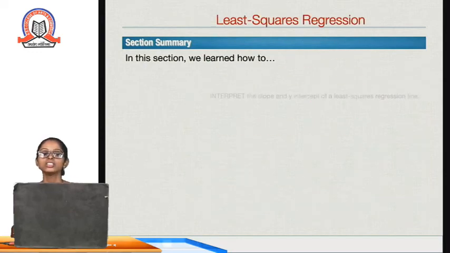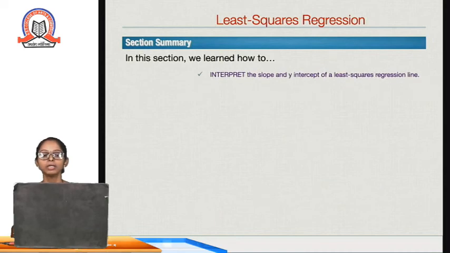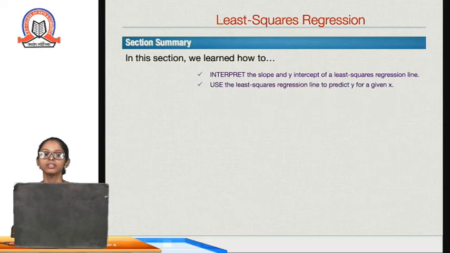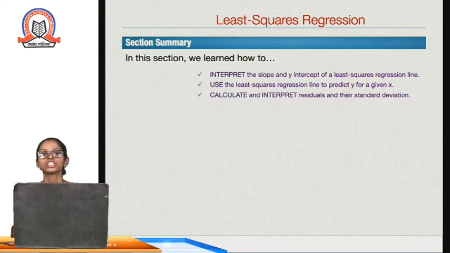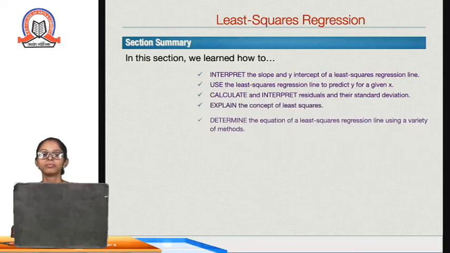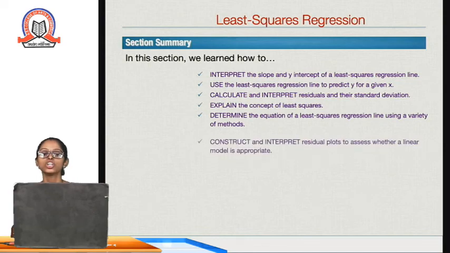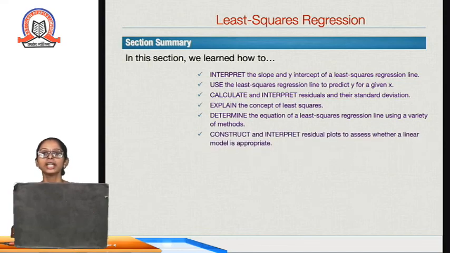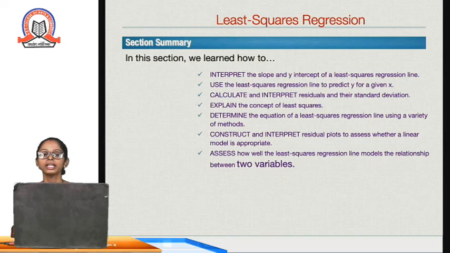In this section, we learned how to interpret the slope and y-intercept of a least squares regression line, and use the least squares regression line to predict y for a given x. We also learned how to calculate and interpret residuals, explain the concept of least squares, determine the equation of the least squares line, and construct and interpret a residual plot to assess whether a linear model is appropriate.